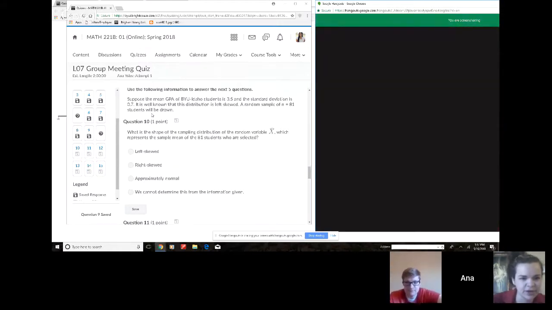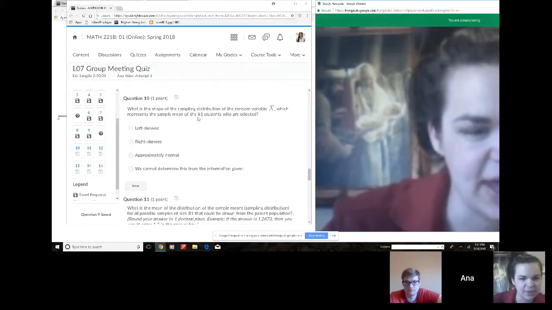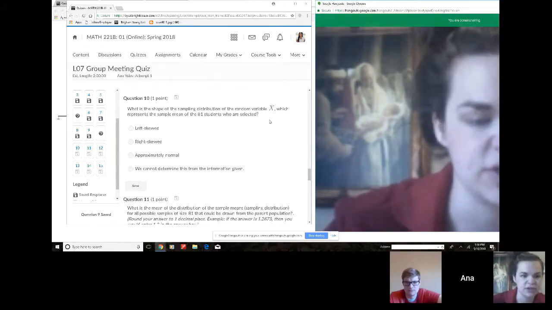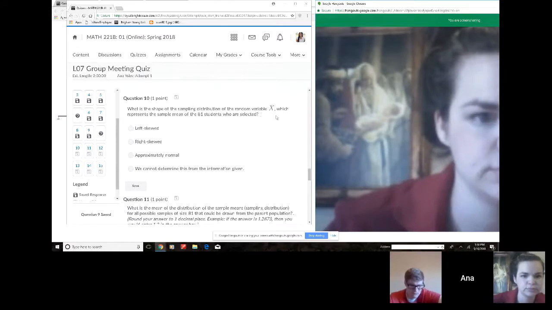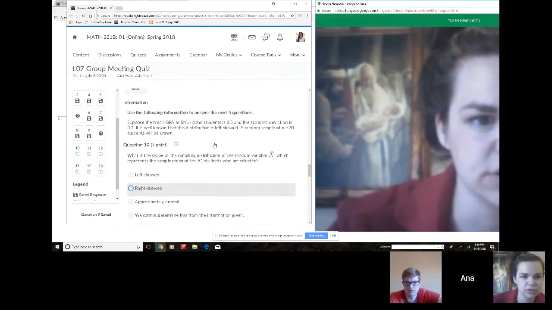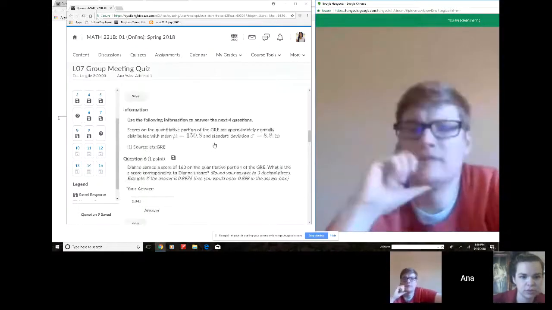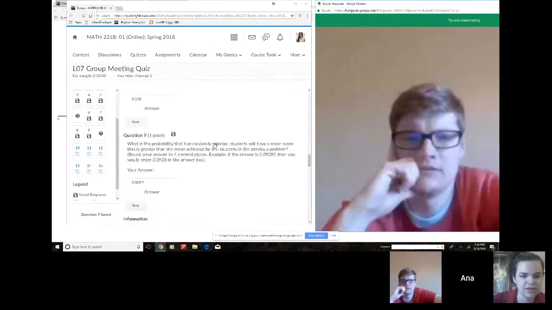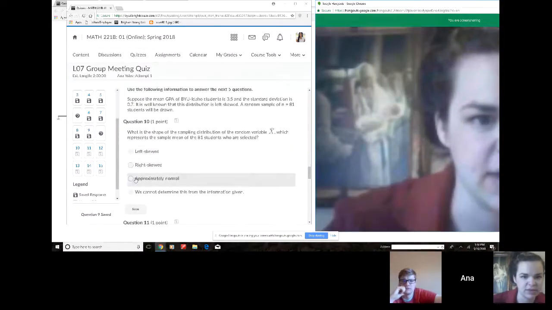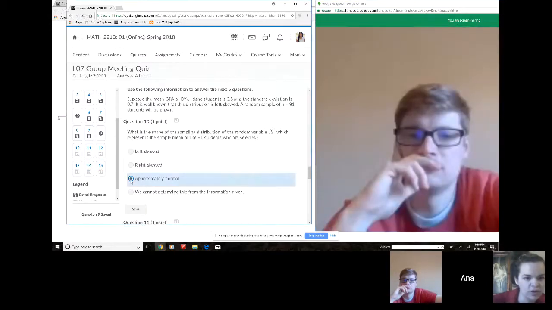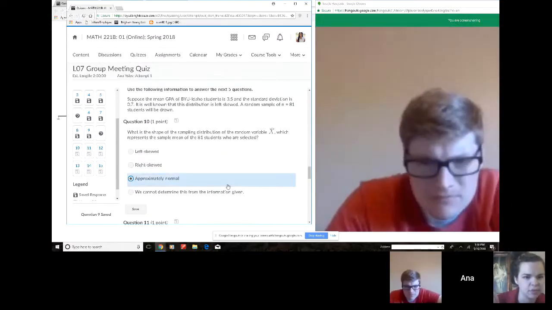Okay, so for number 10, what is the shape of the sampling distribution of the random variable, which represents the sample mean of the 81 students who are selected? For this one, I put approximately normal because the random sample is big, and the only time that it wouldn't be normal is when you have a small random sample.